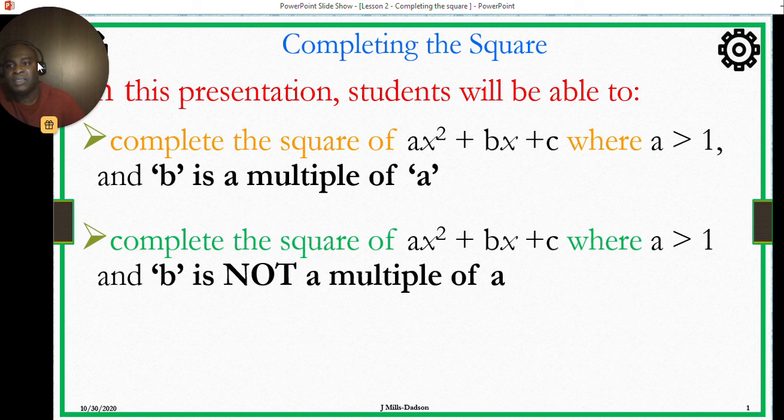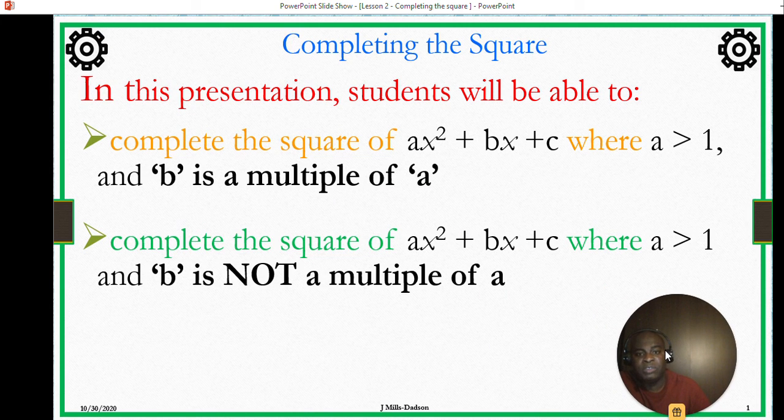In this lesson, we will be looking at steps to complete the square for quadratic expressions where x squared has a coefficient more than 1, and where the b is a multiple of a, and also where the coefficient of x squared is more than 1 and b is not a multiple of a.